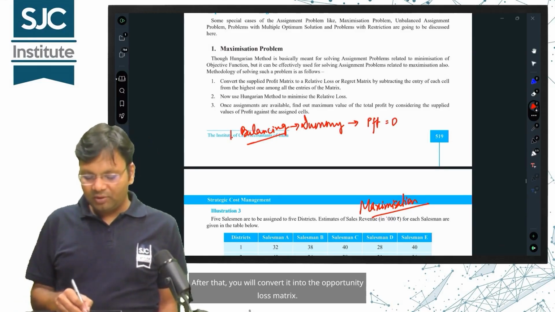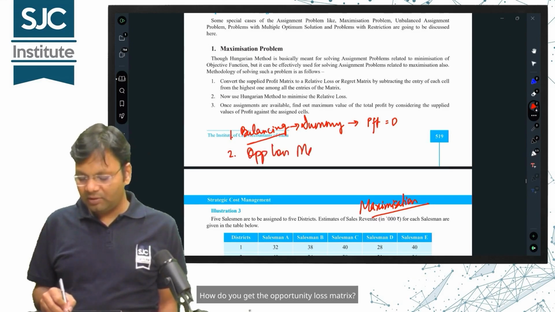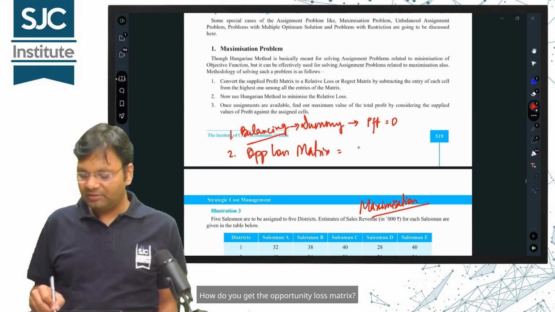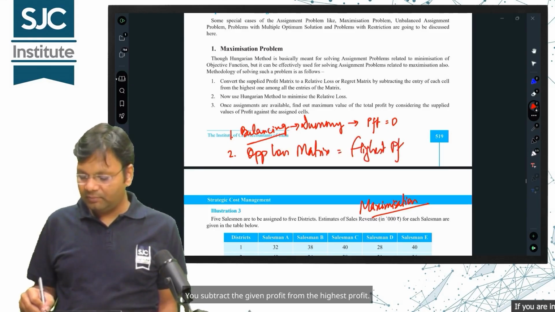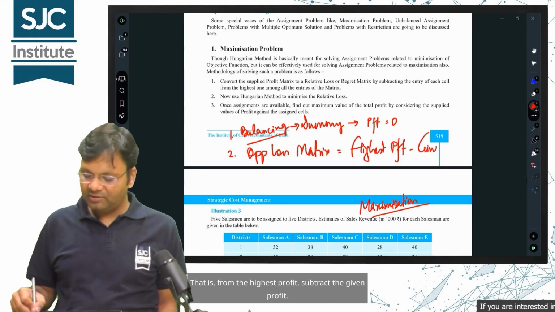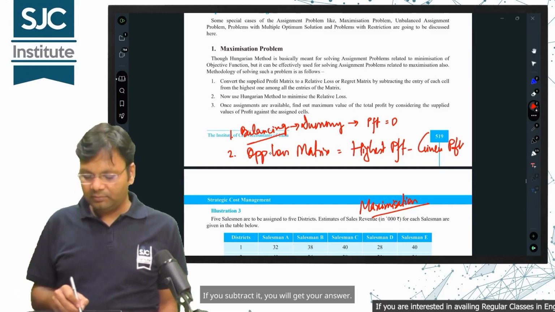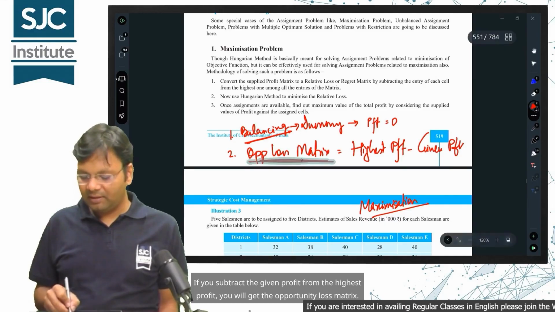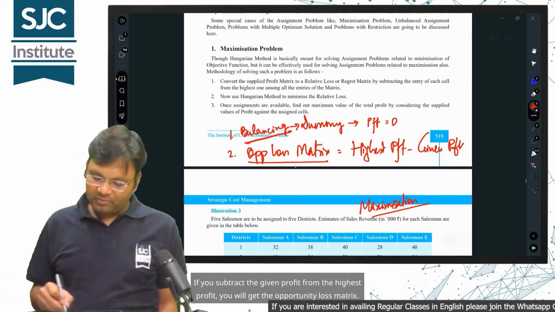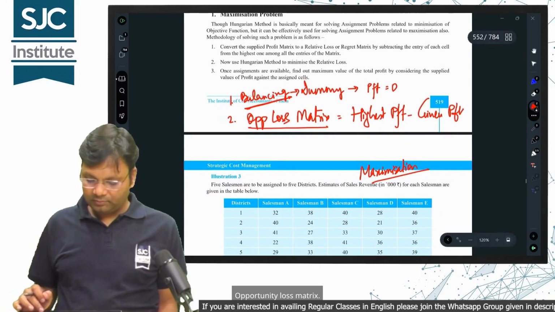After that, you will convert it into the opportunity loss matrix. How do you get the opportunity loss matrix? You subtract the given profit from the highest profit. If you subtract the given profit from the highest profit, you will get the opportunity loss matrix.